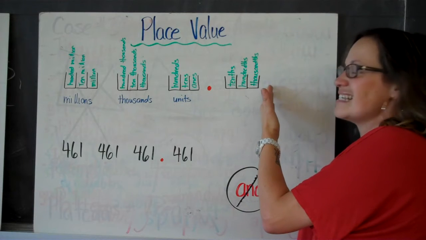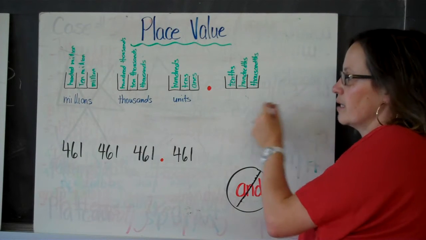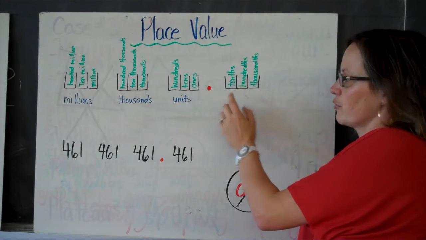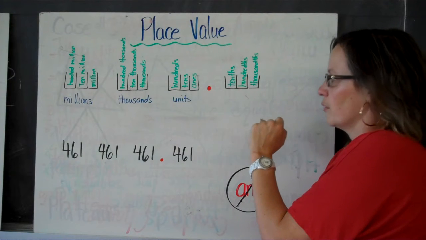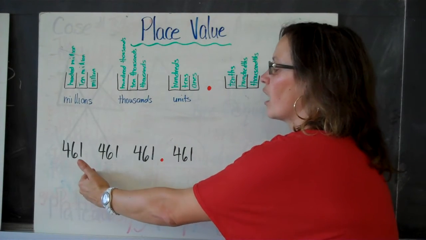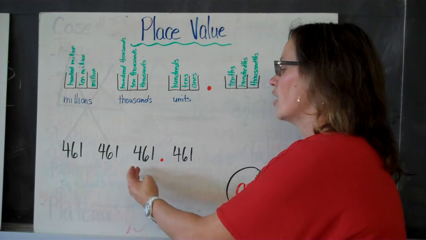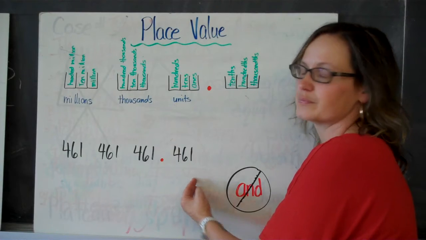There would be thousandths, 10,000ths, 100,000ths, and then it would go to another group of millions. But for our purposes, we're just going to go for the three place values. And we would read each one of these as an individual. So we would read 461 million, 461,000, 461, and 461.